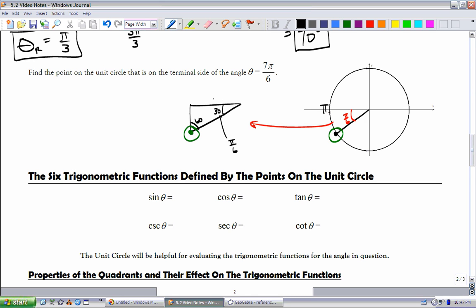Our x side length here is the square root of 3 over 2, and across from the 30 is going to be 1/2. But we have to realize that we're in the negative direction in both of them, so we want to consider these both to be negative, because the x and y coordinates of this point are both going to be negative. So our point on the unit circle that sits on the terminal side of this is at negative square root of 3 over 2, comma negative 1/2. And that's it for using reference angles for right now.